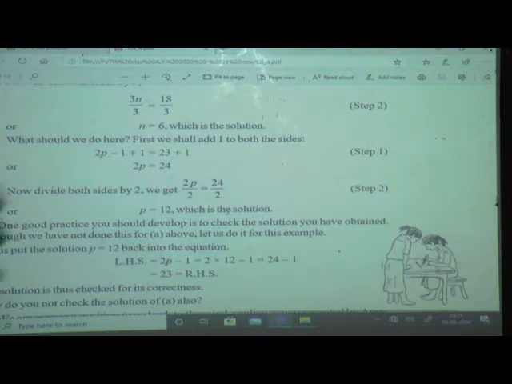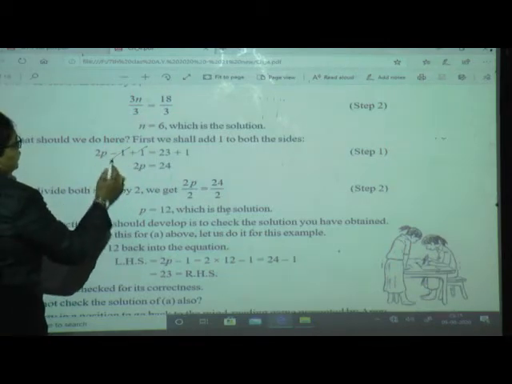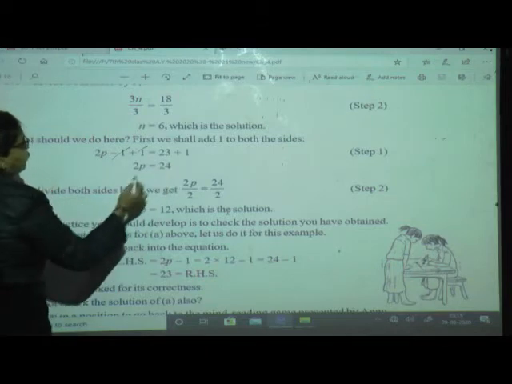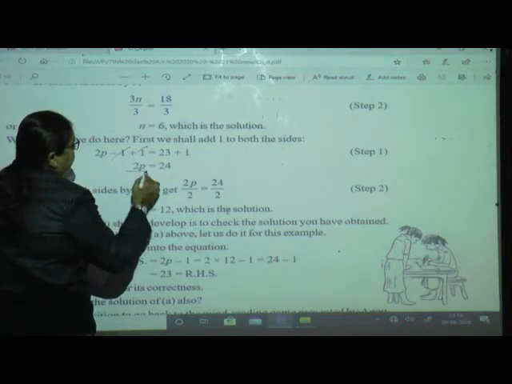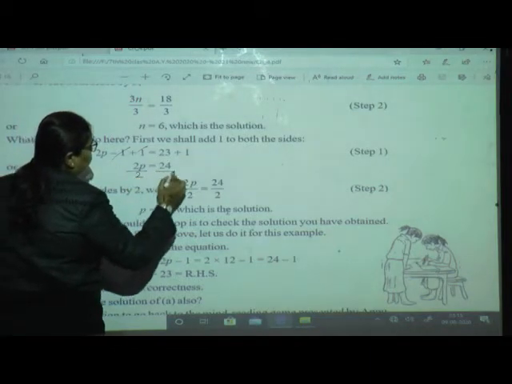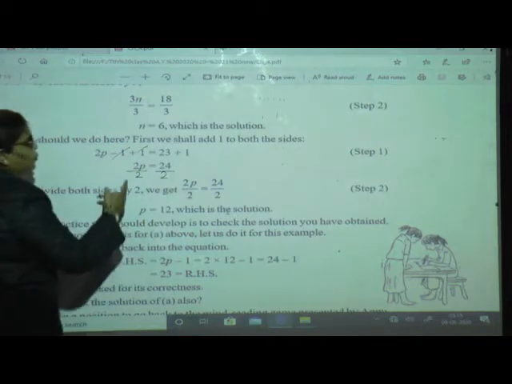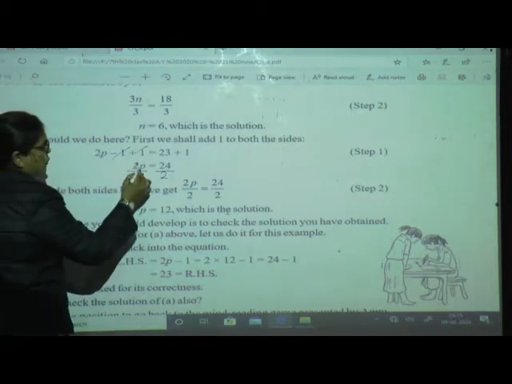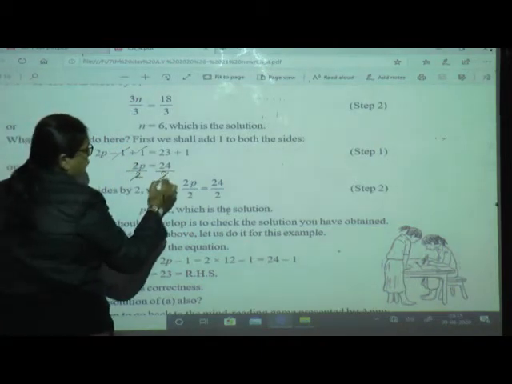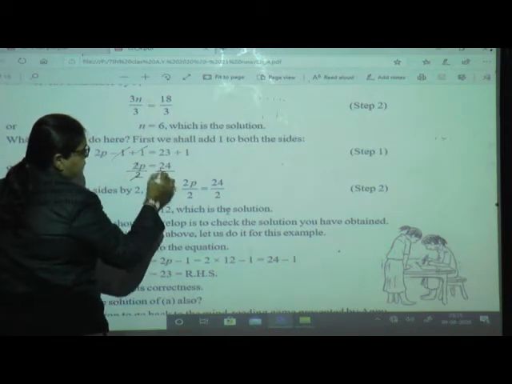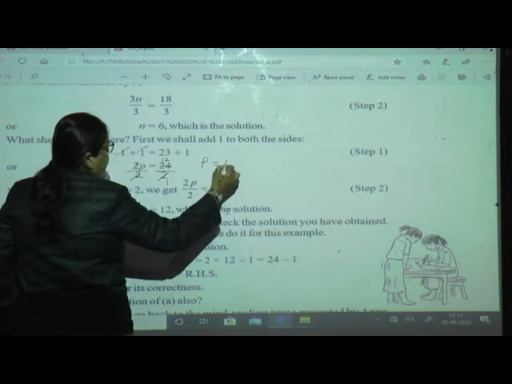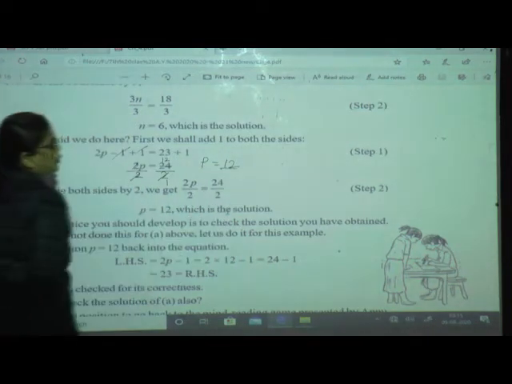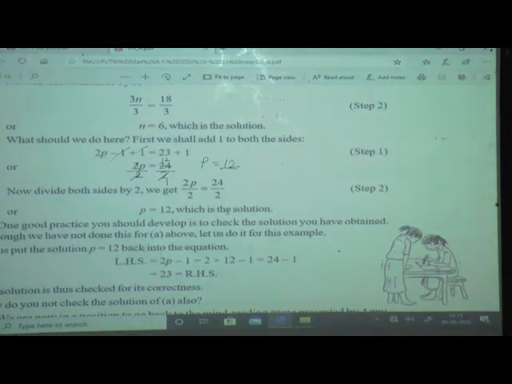So here 2p is equal to 24, and you can find out the value of p. I had told you that when it is multiplied, you divide by 2, then the 2s get cancelled. What will be here? Here also if it is possible to reduce, 2 12s are 24. So we can say p is equal to 12.